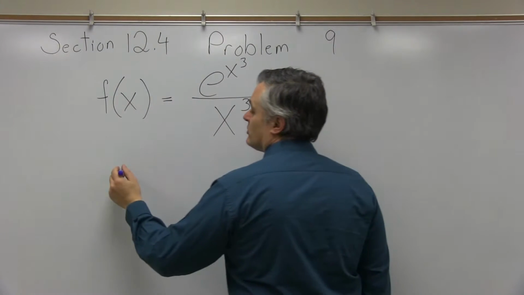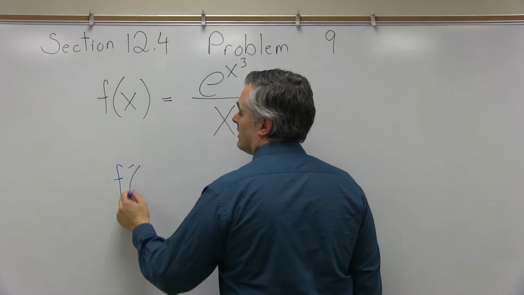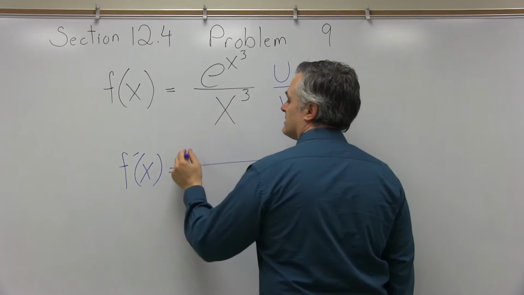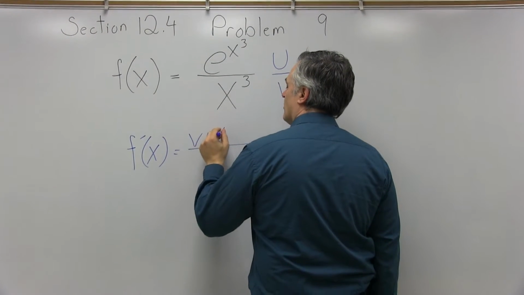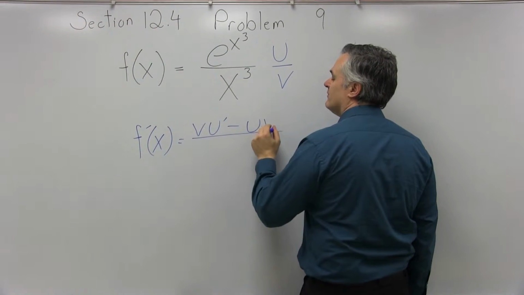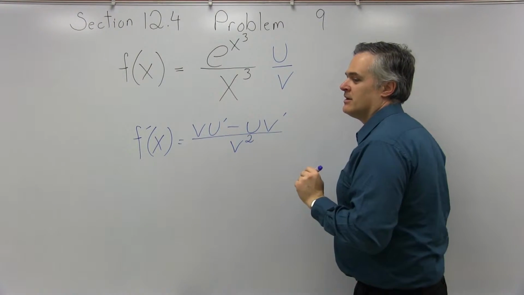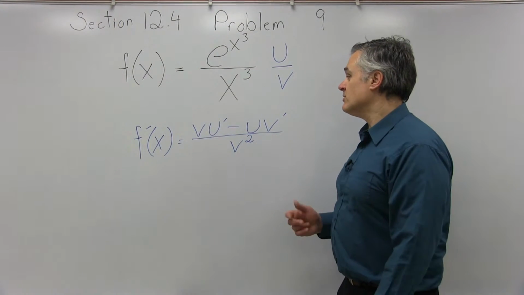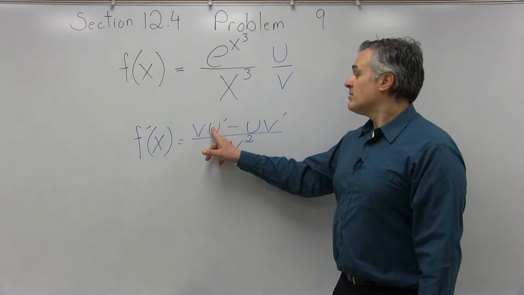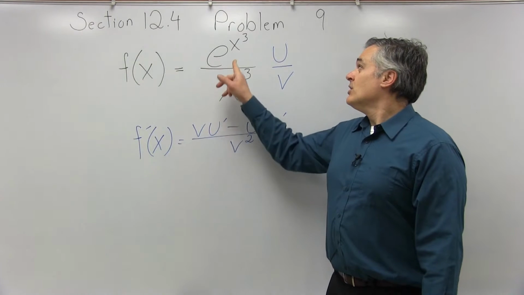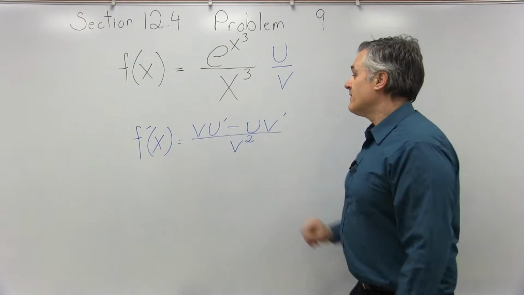When we find the derivative of a quotient, we apply the quotient rule, which says f prime of x is vu prime minus uv prime over v squared. So that's the formula that we're going to use. And when we get to the part of the formula where we have to fill in u prime, u is e to some stuff.